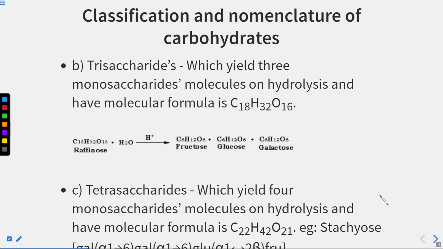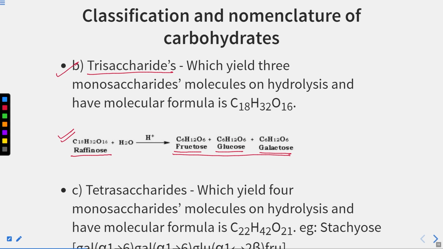After the disaccharide, we have the trisaccharides, which yield 3 monosaccharides when hydrolyzed. Here the example of raffinose has been taken. Raffinose, when hydrolyzed, gives 3 monosaccharides: fructose, glucose, and galactose.